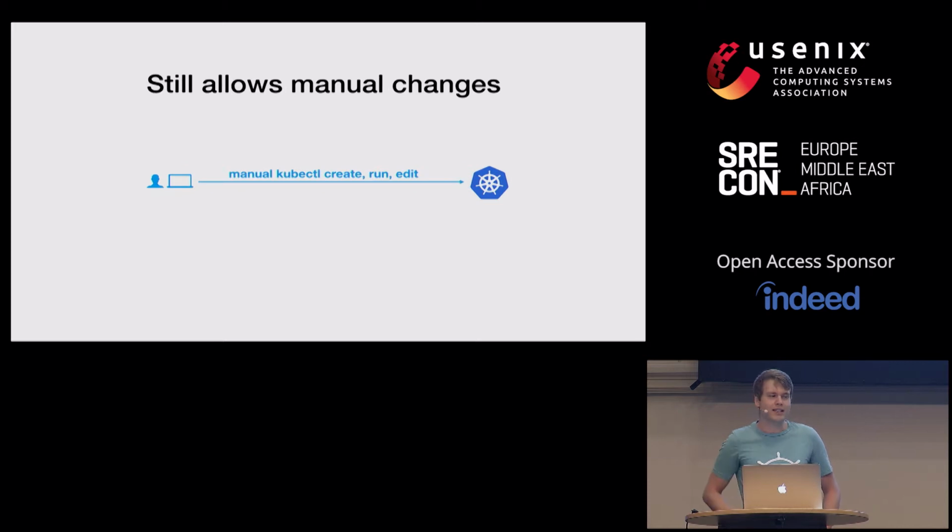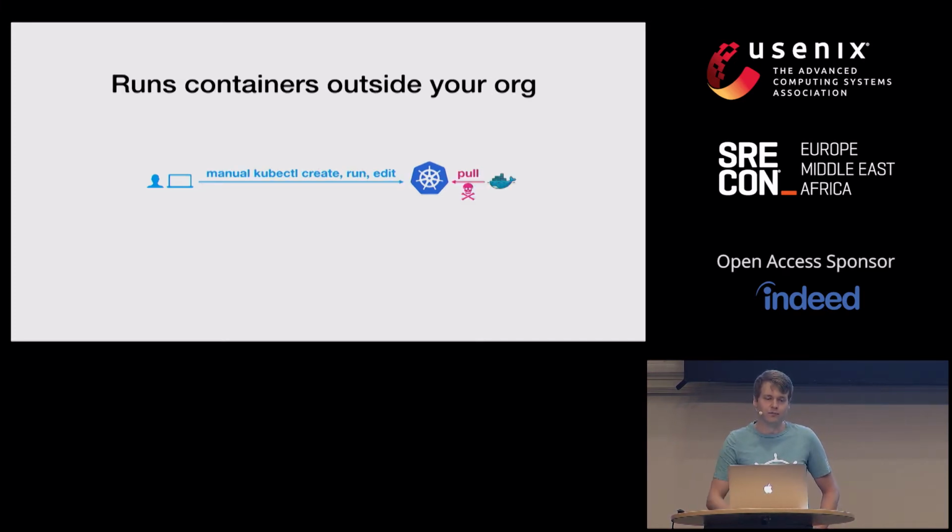Well, this still allows for manual changes. In Kubernetes, right now, everyone can still manually run kubectl create, run, and edit deployments whenever they want. But everyone else that gains access to your Kubernetes can also run, create, and edit deployments.